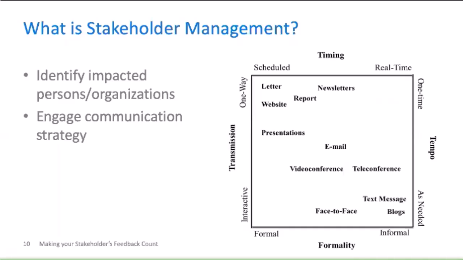So as you plan your communications, it's helpful to consider these dimensions of communications that you might want to assign to different key stakeholders. For example, the level of formality of your communications, the tempo. Is it one time, as needed, ad hoc?